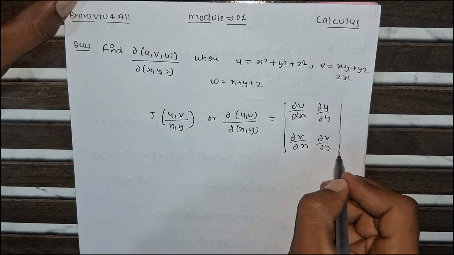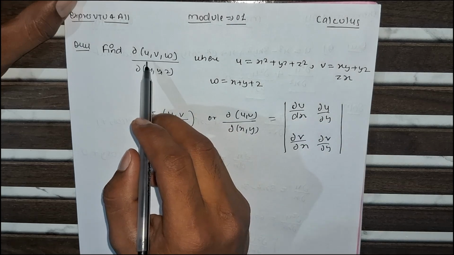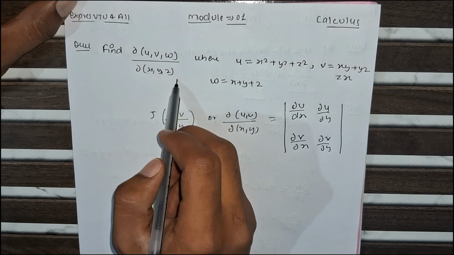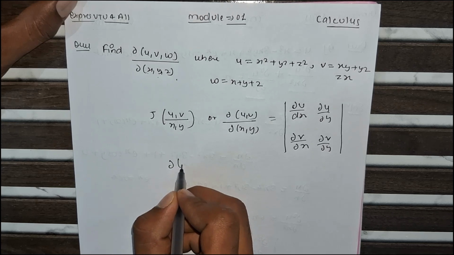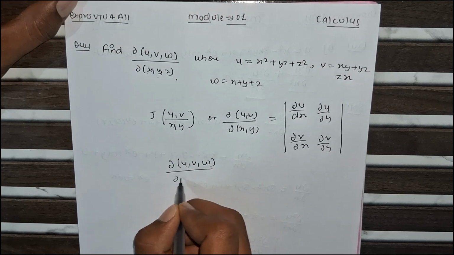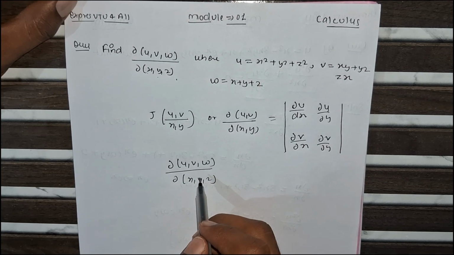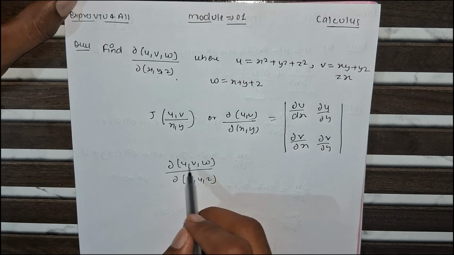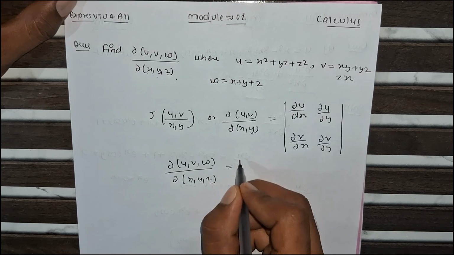This is for two variables x and y, but in this question, as you can see, there are three variables x, y, z. So for three variables, what is the Jacobian formula? Del of u comma v comma w divided by del of x comma y comma z. It means we have to differentiate our functions u, v, w with respect to x, y and z. So what's the determinant formula?